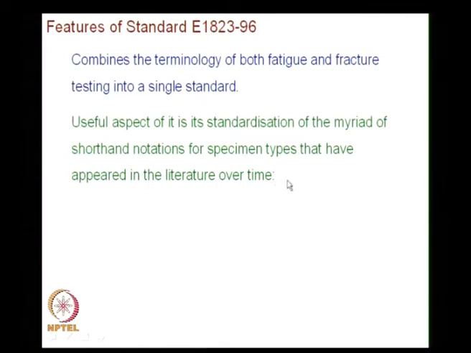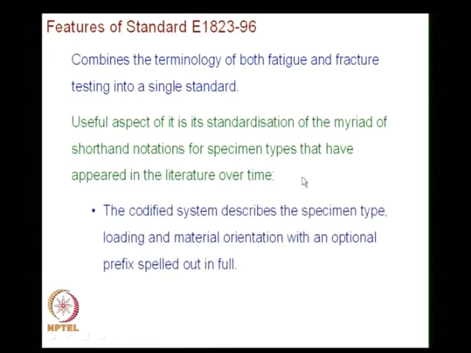We have seen CCT, we have seen SCN, but they give a different recommendation on how to label the specimens. The codified system describes the specimen type, loading and material orientation with an optional prefix spelled out in full. We would see some examples. If you see the examples, then you will know what is the essence of this code.